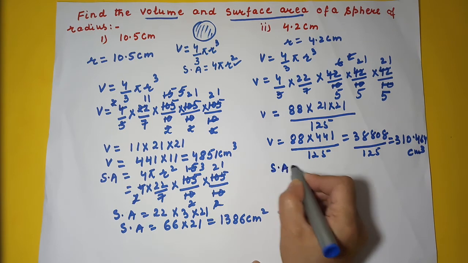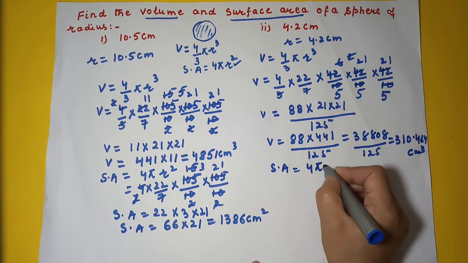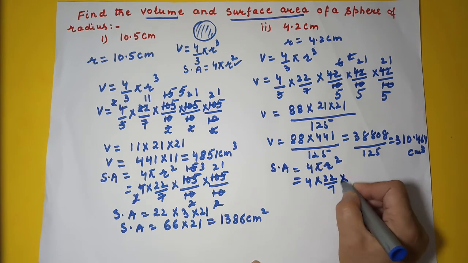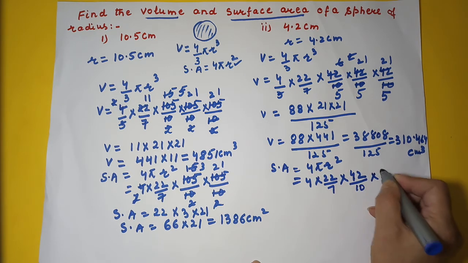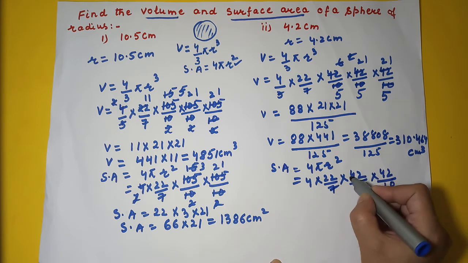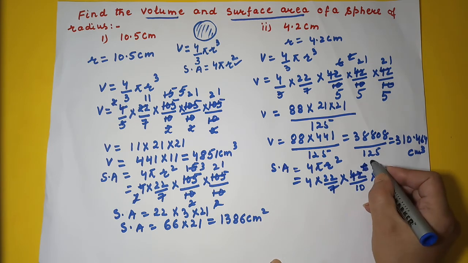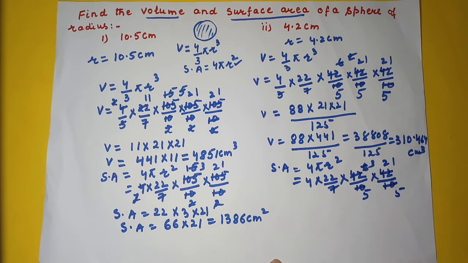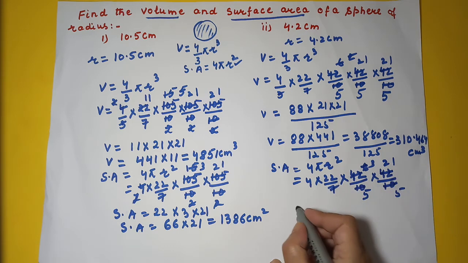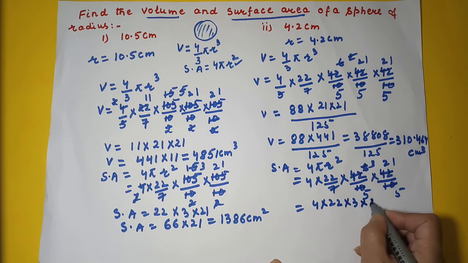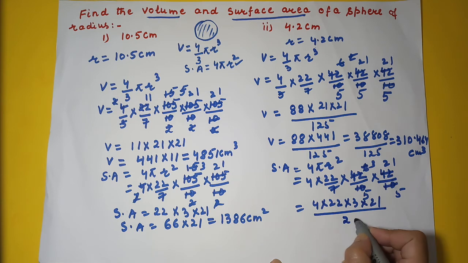Now surface area. Surface area is equal to 4 pi r square. So let's substitute the value of r here, which is 42 by 10 into 42 by 10. 7 6s are 42, 2 3s are, 2 5s are, 2 21s are, 2 5s are. Anything else? No. So finally we have 4 into 22 into 3 into 21 divided by 5 5s are 25.